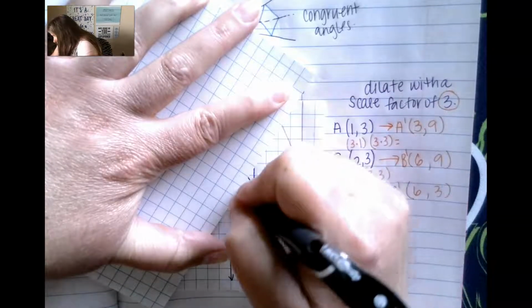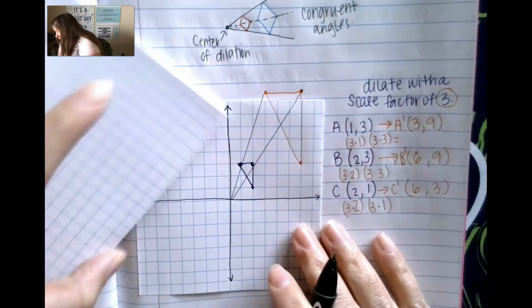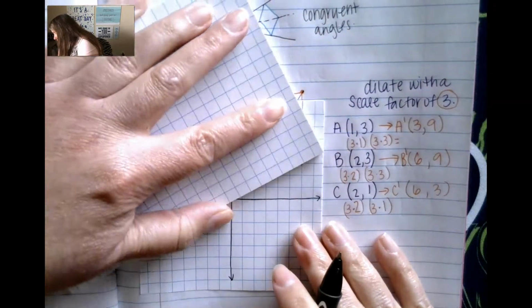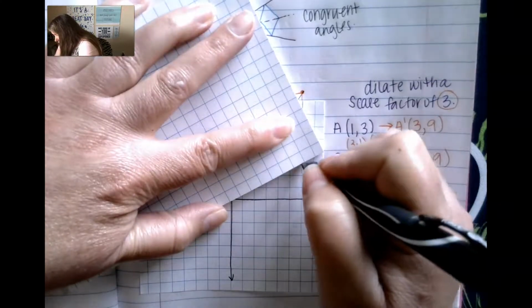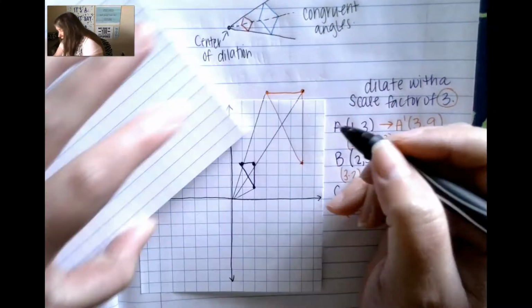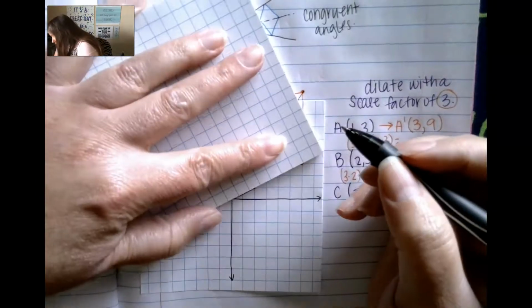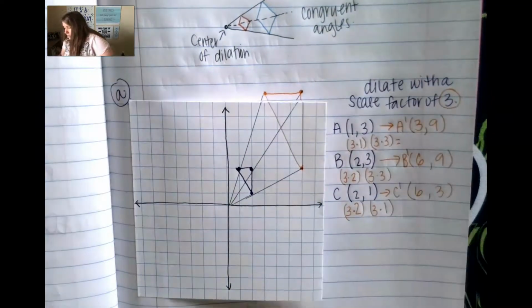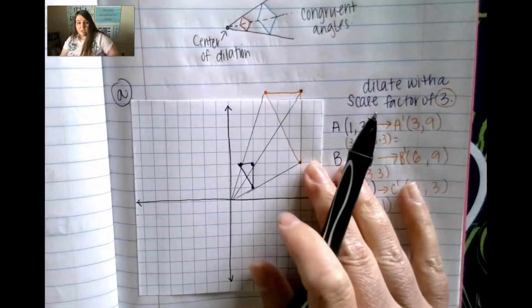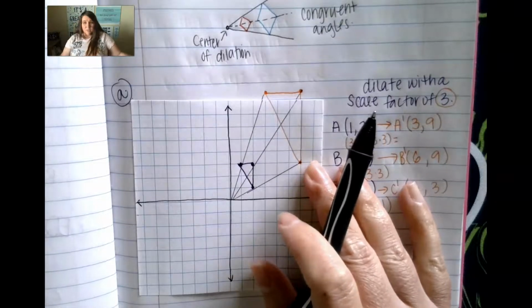All of the angles measure up, and everything gets bigger or enlarges from the scale factor that we used of 3. Okay, so when you're looking at this figure, you can see, that looks really cool.